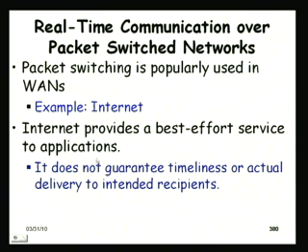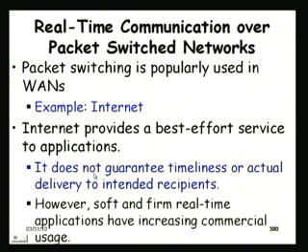It does not distinguish between the senders, and does not guarantee timeliness or actual delivery to the intended recipients, but we have seen that soft and firm real time applications are increasing every day. The commercial uses of the internet for handling soft and firm real time applications are increasing very fast, including banking, VoIP and so on.